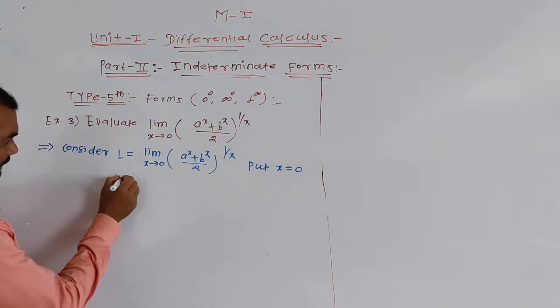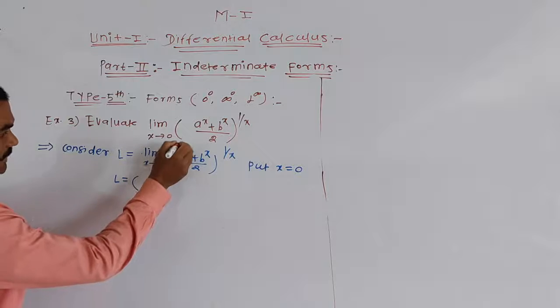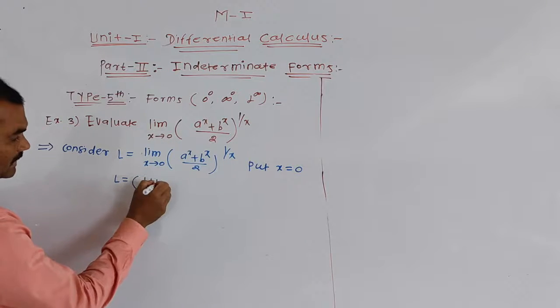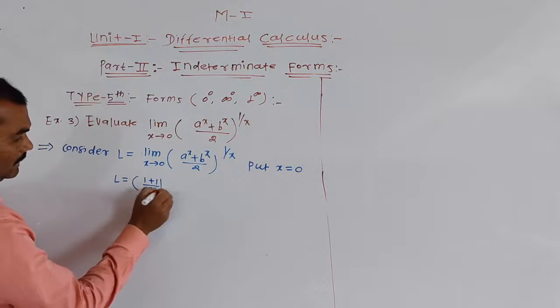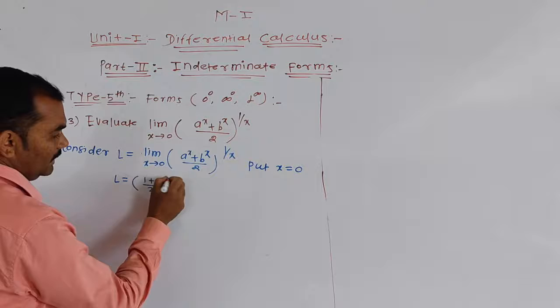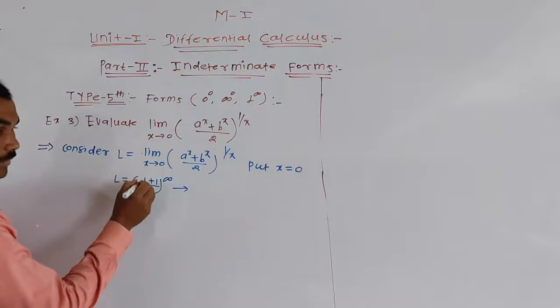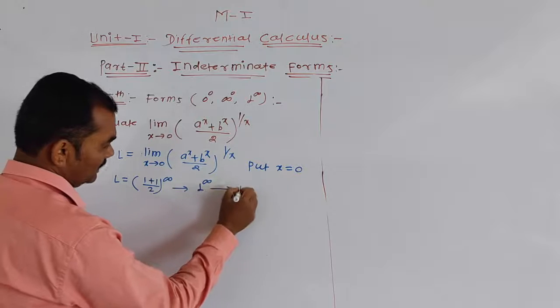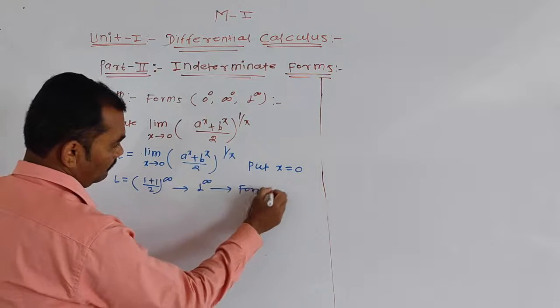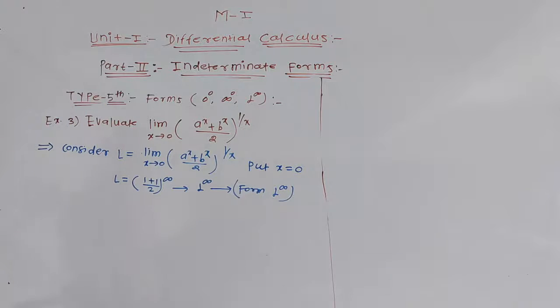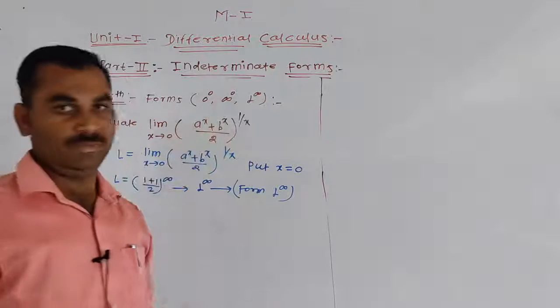So we get L is equal to, a raised to x with x is 0, what will we get? 1. Plus b raised to x with x is 0, what will we get? 1. Divided by 2, raised to 1 by x with x is 0, so what will we get? Infinity. This is 1 plus 1 is 2, divided by 2, this is 1 raised to infinity, and this belongs to the form 1 raised to infinity.